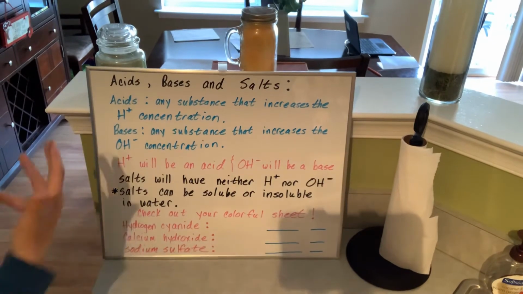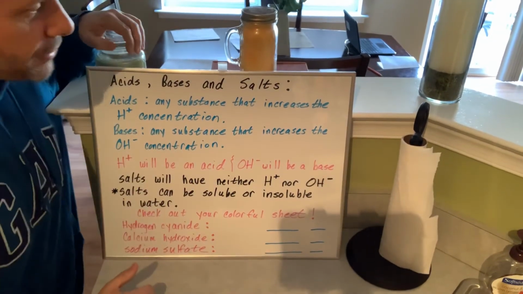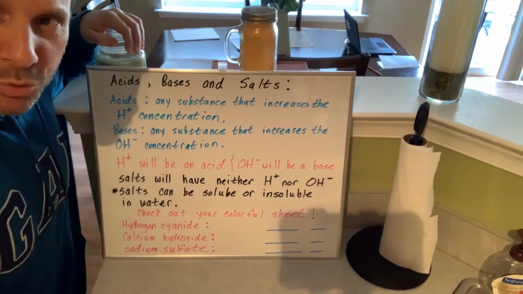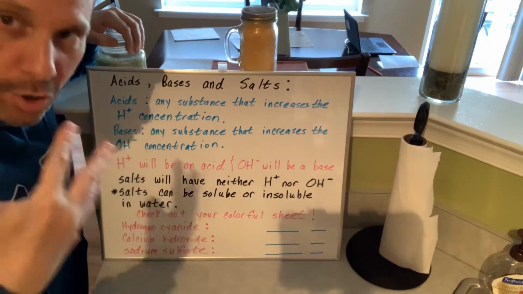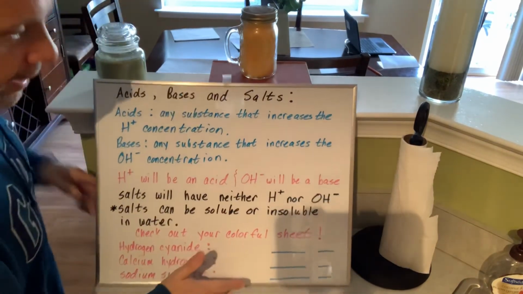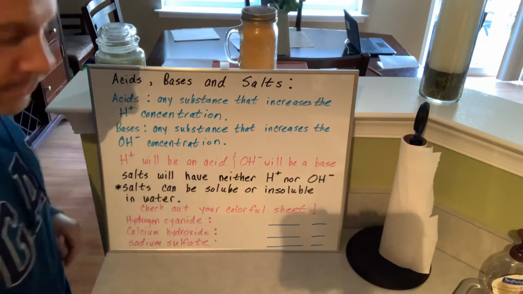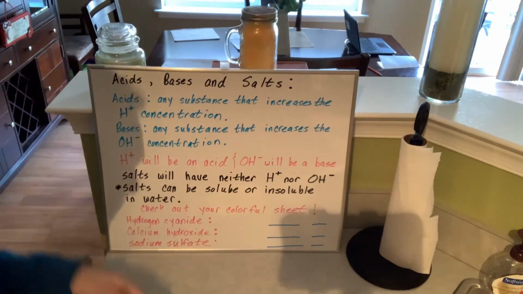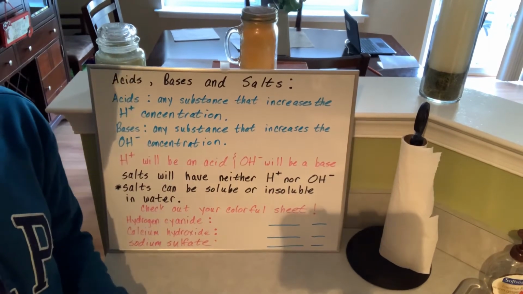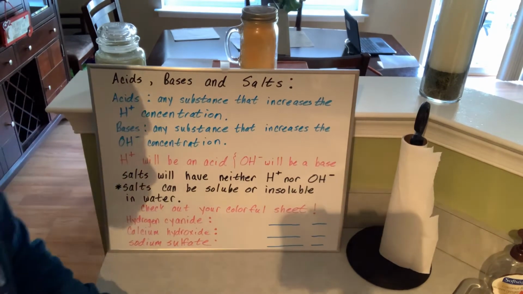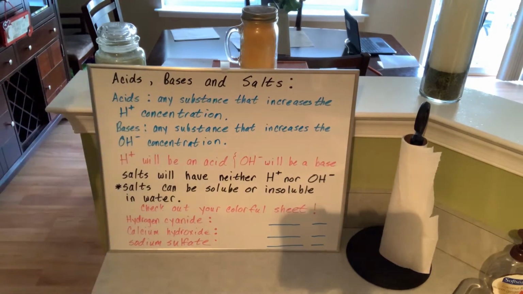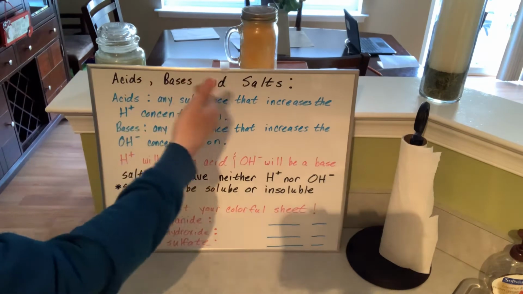All right. So this next topic is going to be about aqueous solutions, which are substances that dissolve in water. Aqua, okay? Aqueous. So if it's aqueous, that means the substance will dissolve in water. All these are going to be examples of water. Okay, so we have acids, bases, and salts.